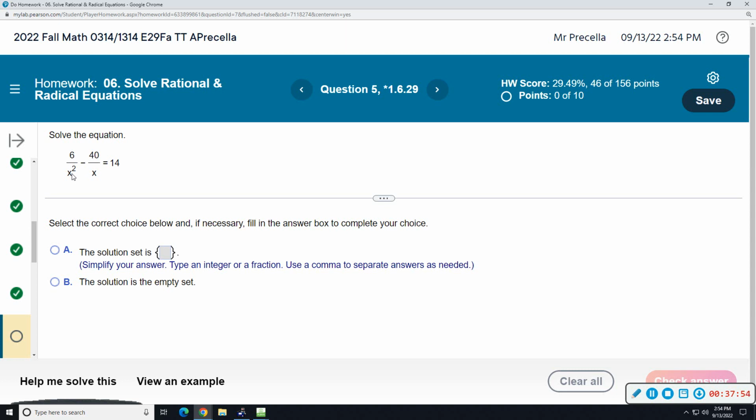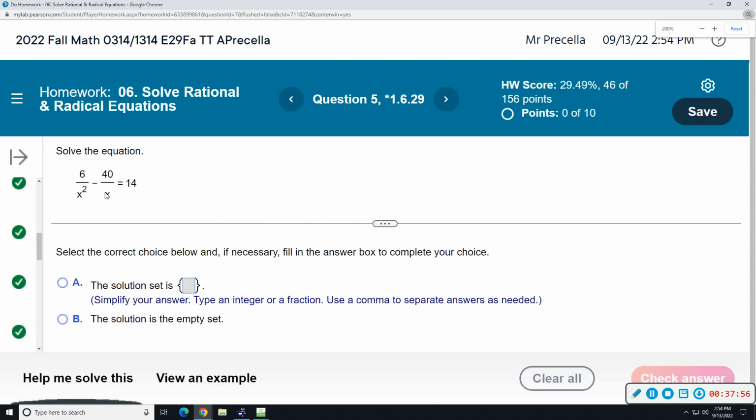No. So if you have repeated factors with different exponents, here the x is to the first power, this is the x squared, use the larger exponent. So our least common denominator, the thing you're going to multiply through by, will be x squared, not x. And if you tried to just multiply by x, can you see you'd still have one x down there? I'm going to try to show that.